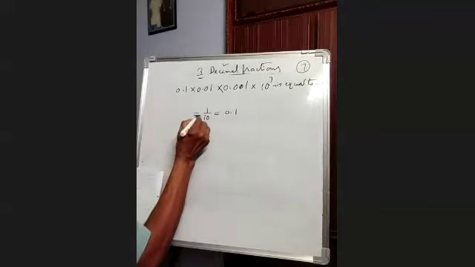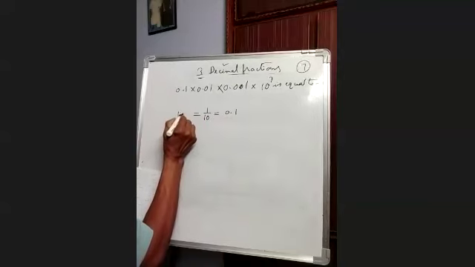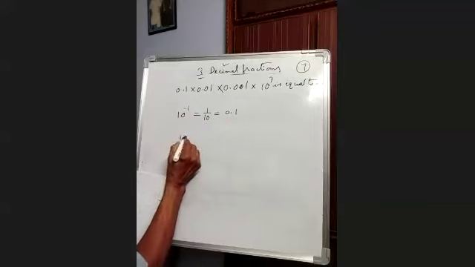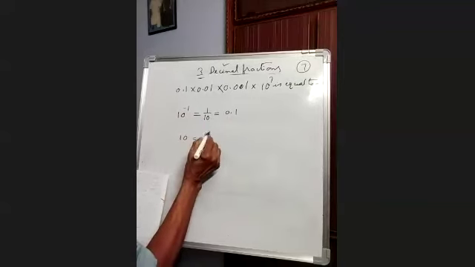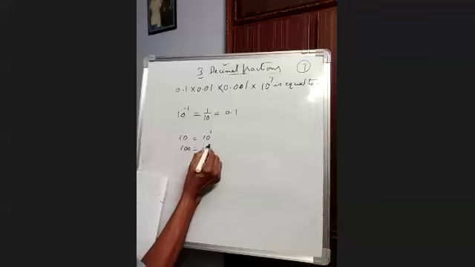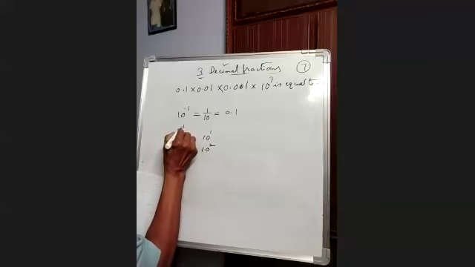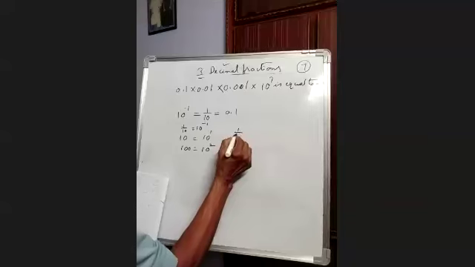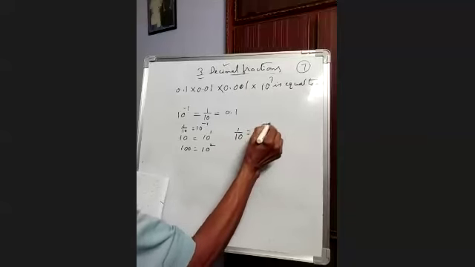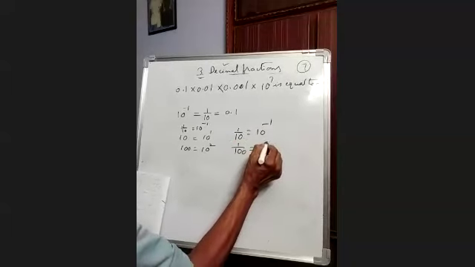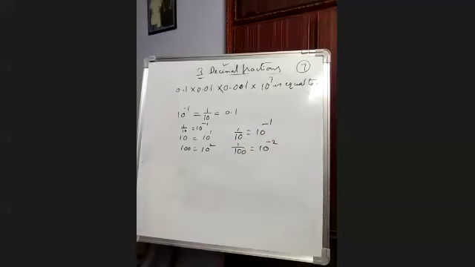In indices, 1 by 10 can be written as 10 to the power of minus 1. 10 can be written as 10 to the power of 1. 100 can be written as 10 to the power of 2. 1 by 100 can be written as 10 to the power of minus 2 and so on. This is in indices.